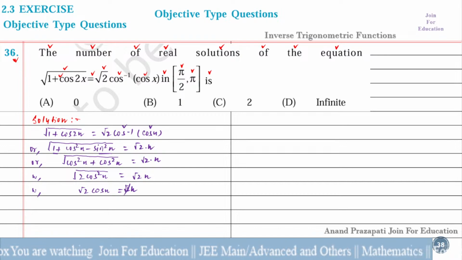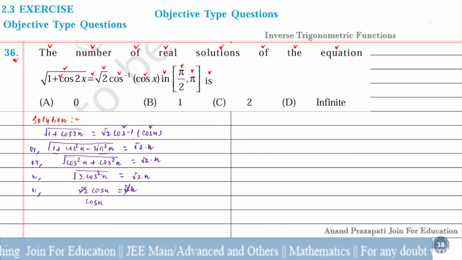So we cancel out root 2, then we get here cos x equal to x.